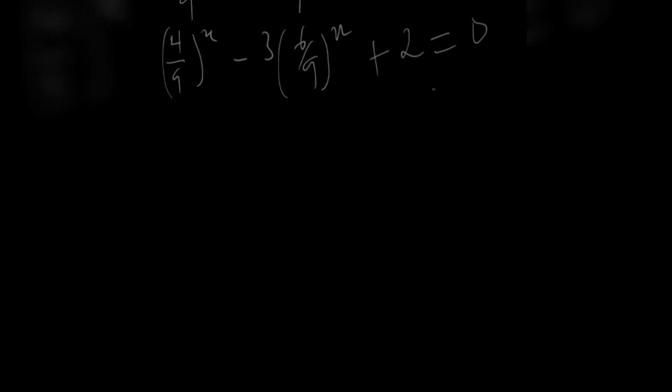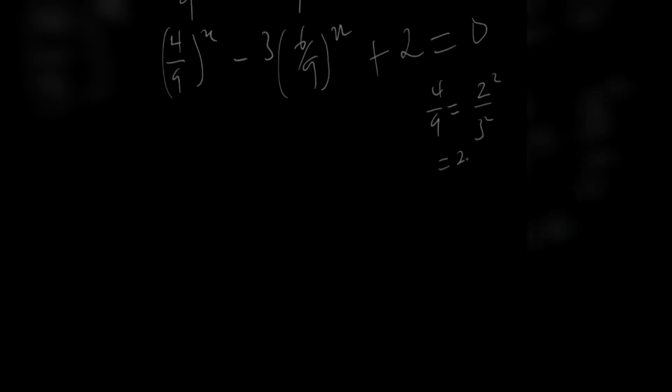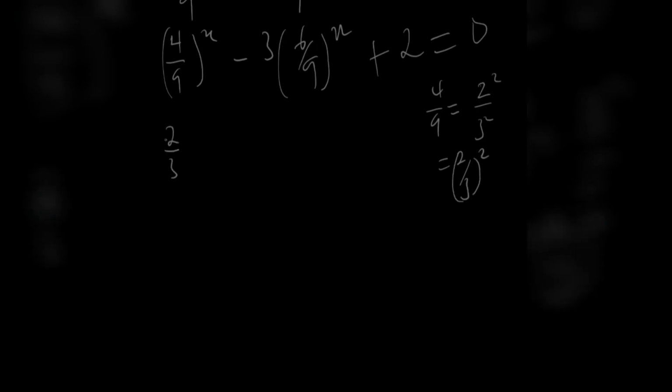Now 4 over 9 is equal to 2 squared over 3 squared, which is the same thing as 2 over 3 all squared. So this can be 2 over 3 all squared raised to the power of x.